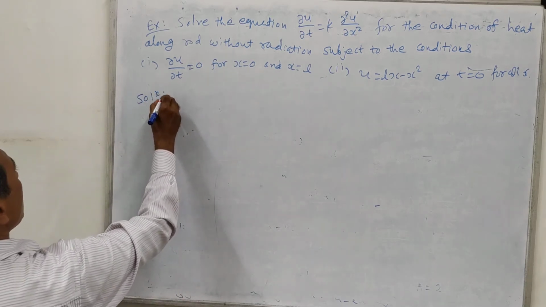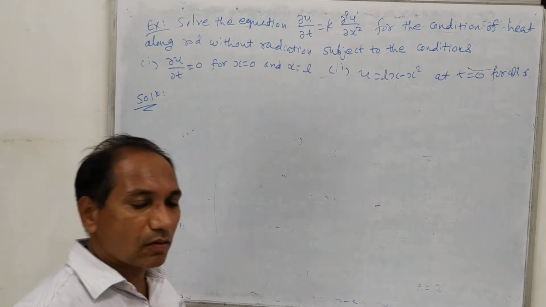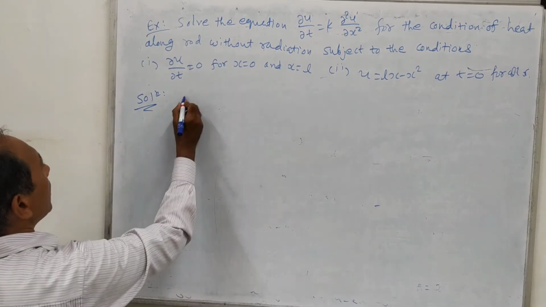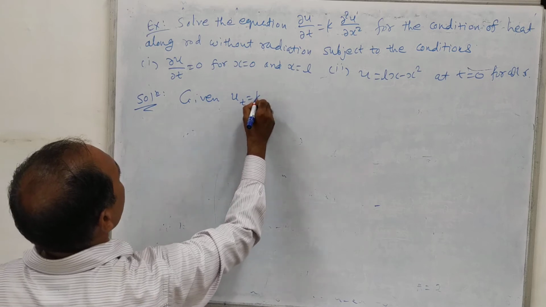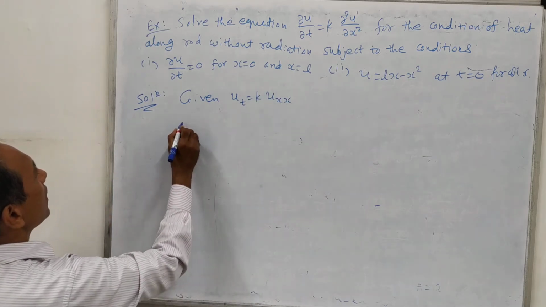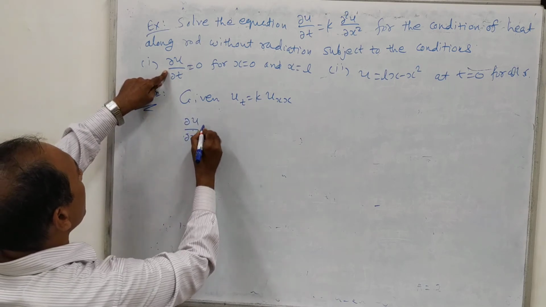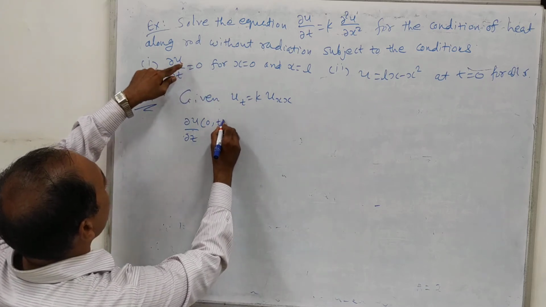Here we will have to recall the theoretical parts, but before proceeding to the solution, we must note down what is given. Here given the heat equation ut equal to k uxx, and the conditions. Del u by del t equal to 0 for x equal to 0, that means 0 comma t.